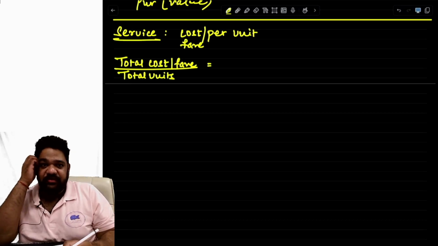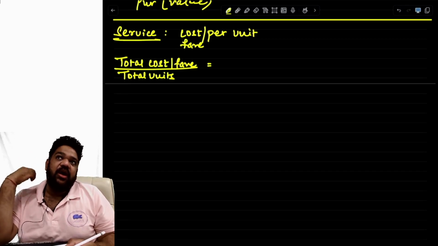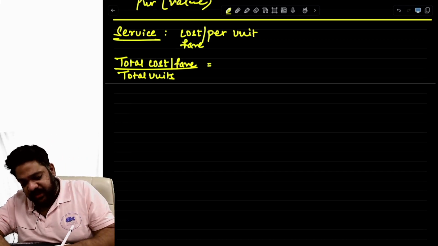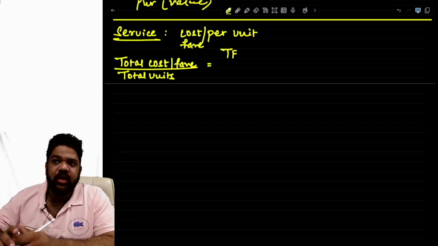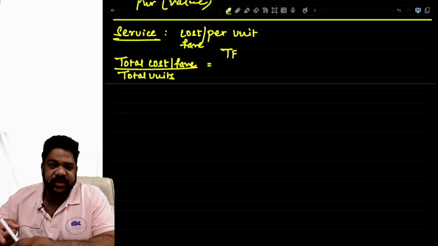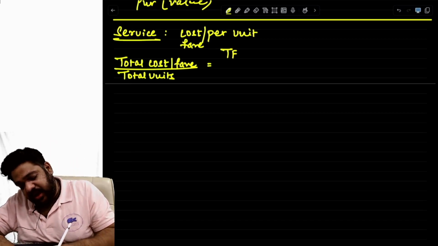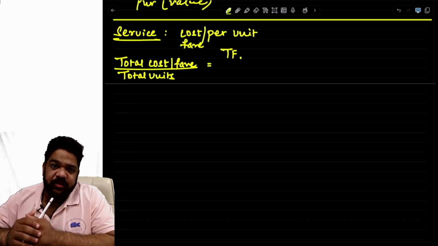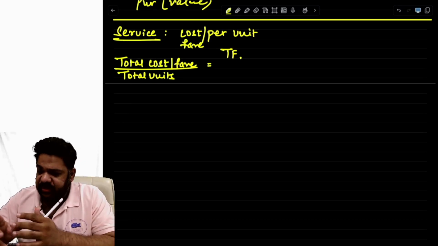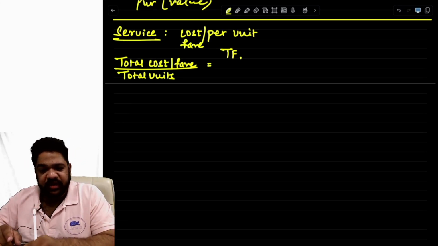Now, when you have this total cost or fare, the first thing to keep in mind while solving is the time frame. Whether you're going to do it in days or weeks or months or years, be very, very careful. Many times, in the transport industry specifically, it is for one vehicle or five vehicles or 10 vehicles or 50 vehicles.